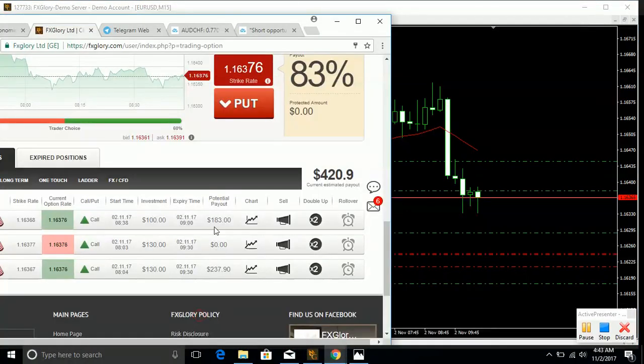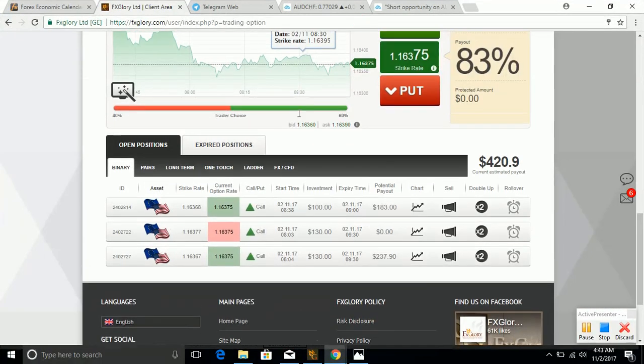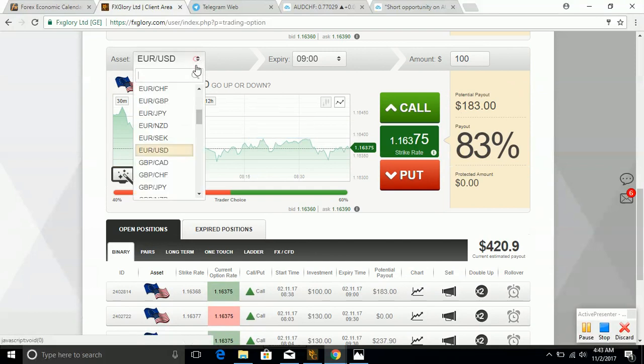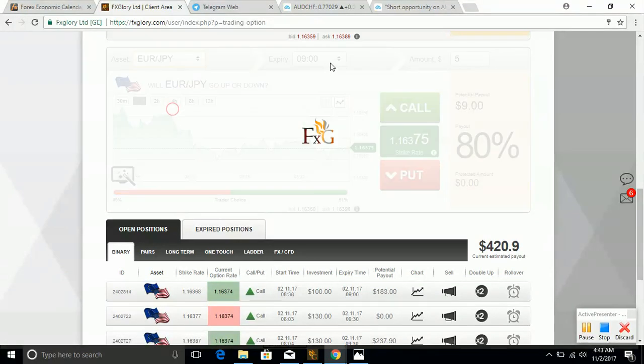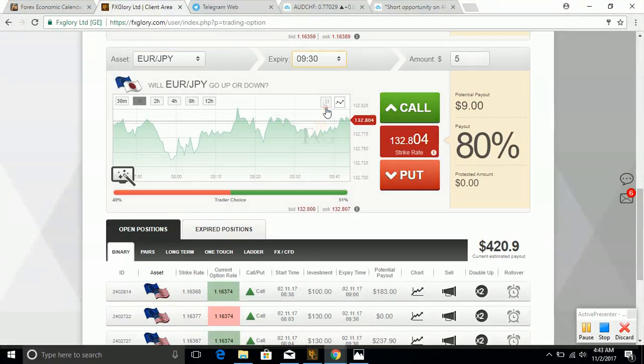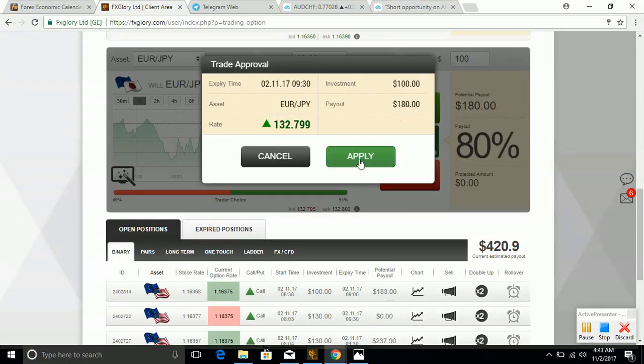Also here on this particular trade, take a Euro JPY, and I'm going to take that up for the 930 as well.